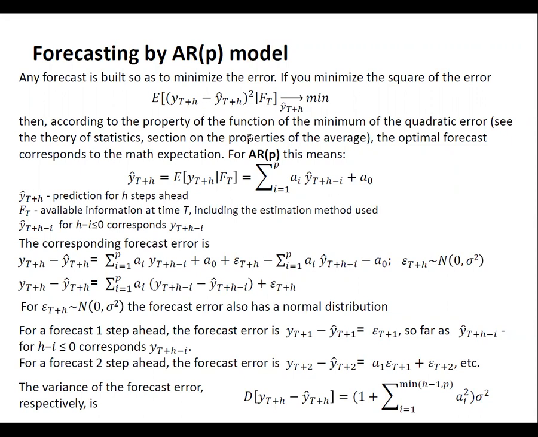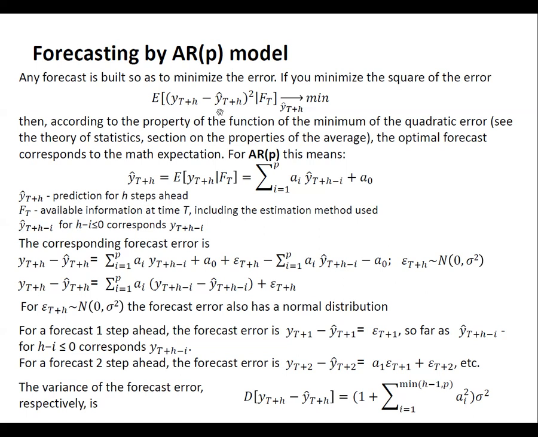Any forecast is built in such a way as to minimize the error, given the available information. If we minimize the square of the error, here we have y_{t+h}. This is the actual unknown value of the predicted indicator h periods ahead.